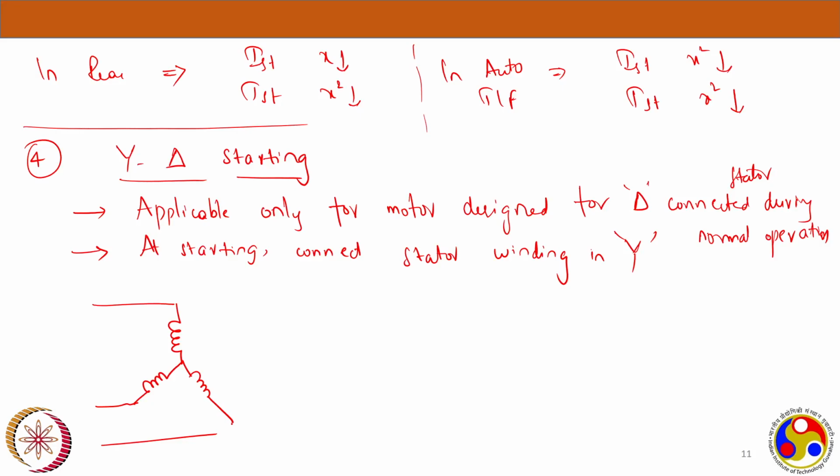Here you are applying the entire rated line to line voltage, and here you will have the starting current, that is the line current for star delta starting. Now if you try to calculate this I starting line, since it's a star connected winding, your line current would be equal to the phase current. So this particular phase current and this particular line current will be equal if it's star connected.